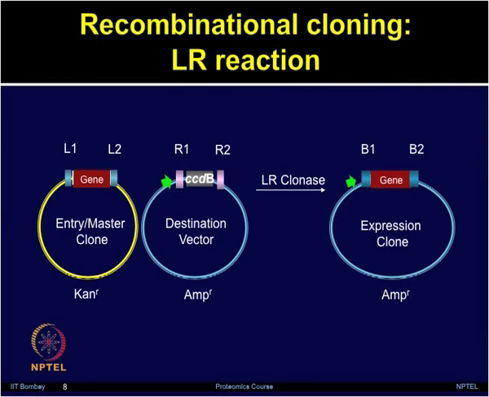As you can see in the slide, you have the entry clone or master clone which was selected on the kanamycin plate. Now, next you want to transfer that into the destination vector which contains another antibiotic gene, which is the ampicillin resistance gene. The destination vector contains attR sites, R1 and R2. So, the gene of interest can move from the entry or master clone to the destination vector.